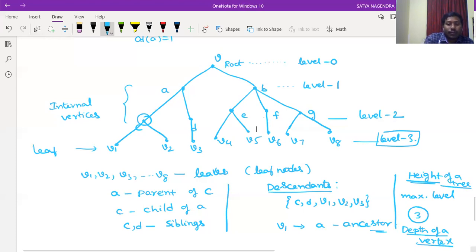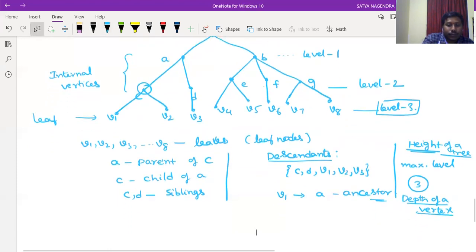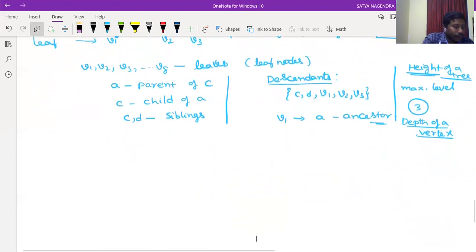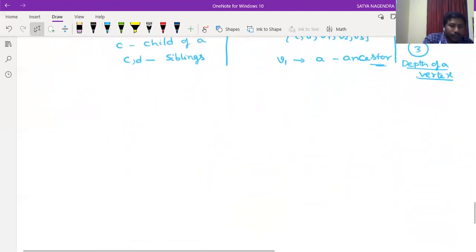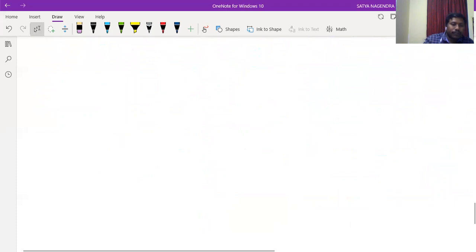Okay, so next. Now we observe the definition of a binary tree.